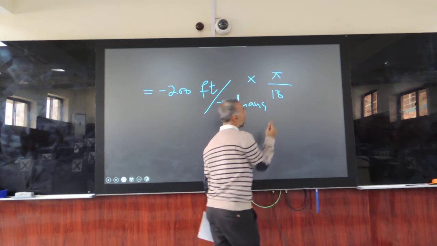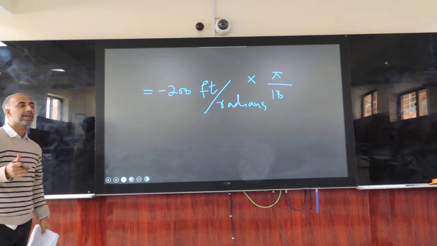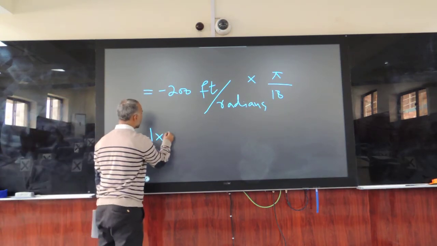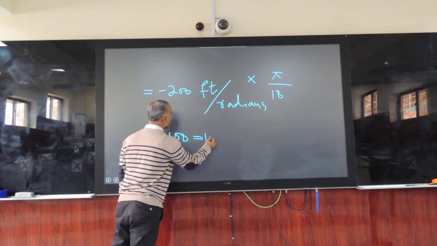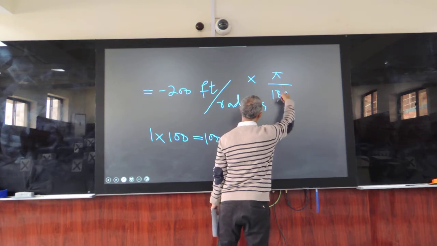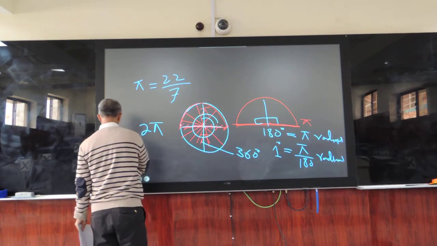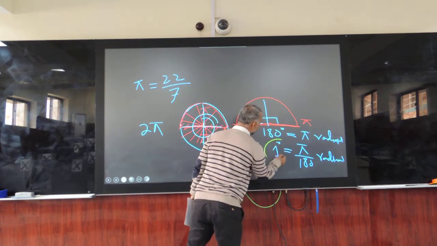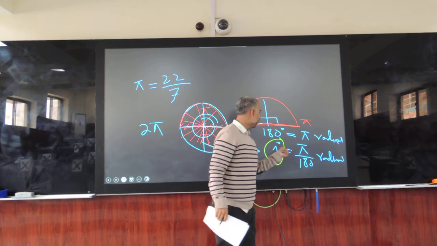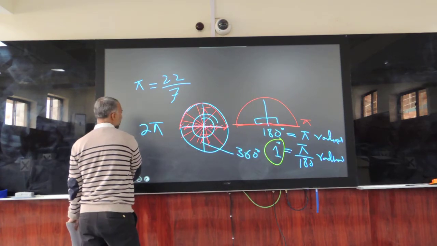Here actually we are multiplying with 1. It's the unit identity property: if I multiply 1 with 100, we get 100. So it does not matter. Pi over 180 radians is equivalent to 1 degree, so we can substitute the value of 1 degree as pi over 180. We're considering a unit identity.